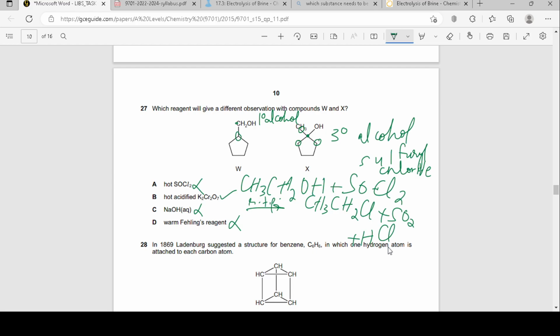And because both the byproducts are gases, right? Like SO2 and HCl, they just escape into the atmosphere. So the haloalkane is the only thing left. So from the alcohol, when you react with SOCl2, you get a haloalkane. Because it is the only thing left behind, there's no need to distill or anything.